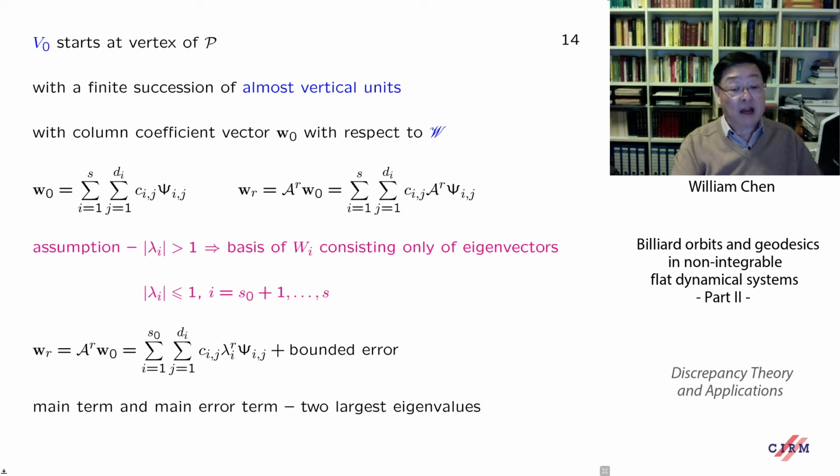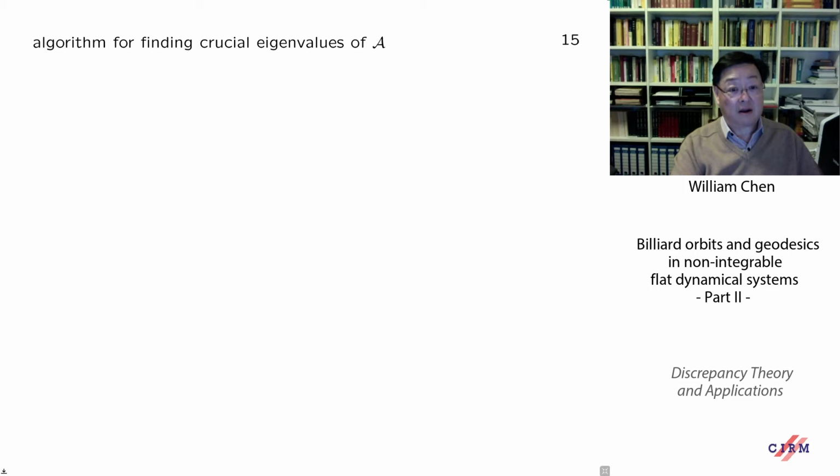And it's quite clear that the main term and the main error term correspond to the two largest eigenvalues. That's our lambda 1 and lambda 2. Now, how about a simpler way of finding these crucial eigenvalues?